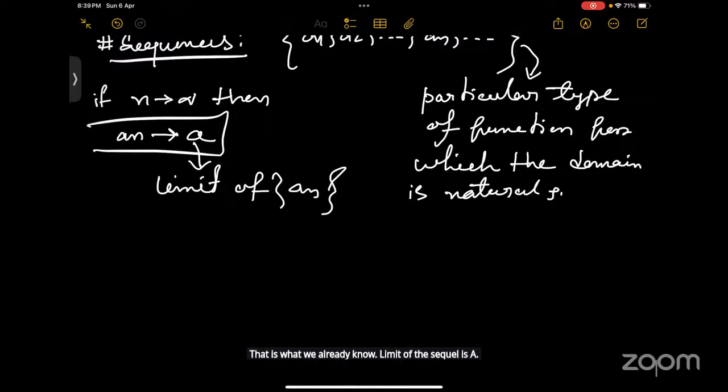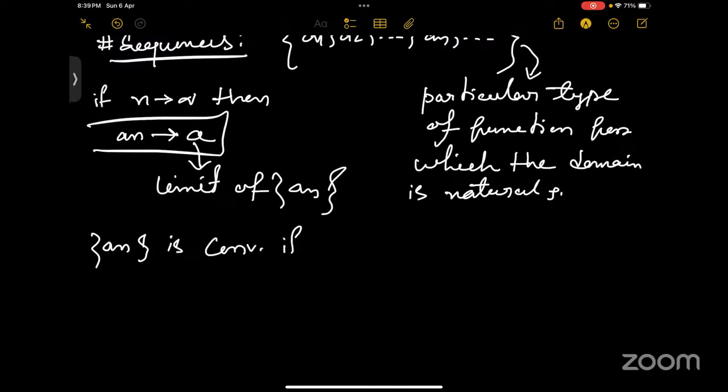If the limit is a finite one, then we say the sequence is convergent. So an is convergent if a belongs to the real numbers, that means a is a finite number.